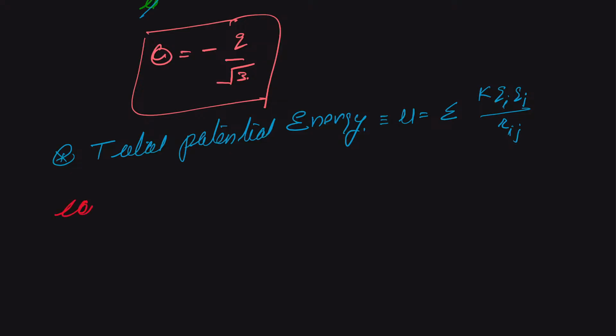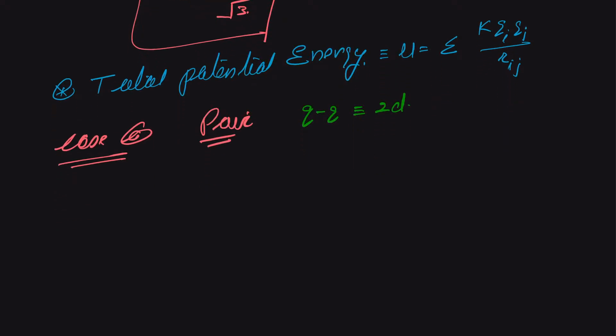So we have case A, and we have two pairs of charges. One pair is Q to Q, and the distance between them is 2d.